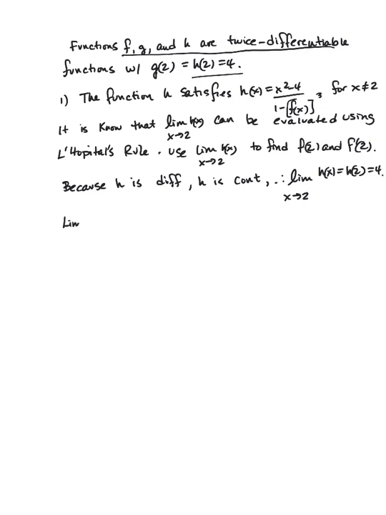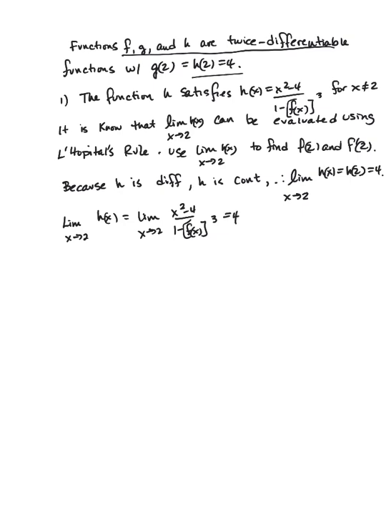Now, the limit as x approaches 2 of h of x, I'm just going to replace h of x here, is the limit as x approaches 2 of x squared minus 4 over 1 minus f of x cubed. Well, we just said that the limit of h of x as x approaches 2 is 4, so therefore this is 4.